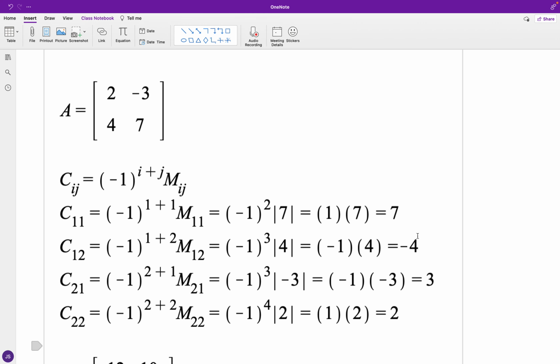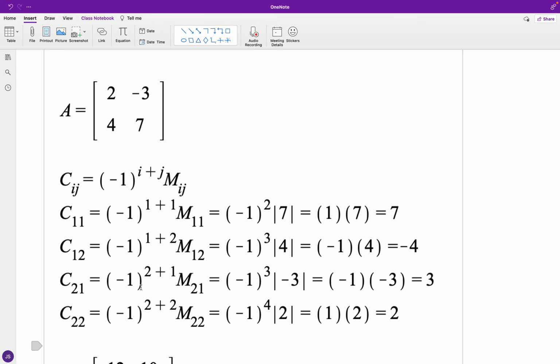And for the cofactor of the second row, first column, if I cover up the second row, first column values, only negative 3 is going to be left. And again, we're just looking at the determinant of just negative 3, which is minus 3. In spite of what the symbolism might be, we're not looking at absolute value in this context.